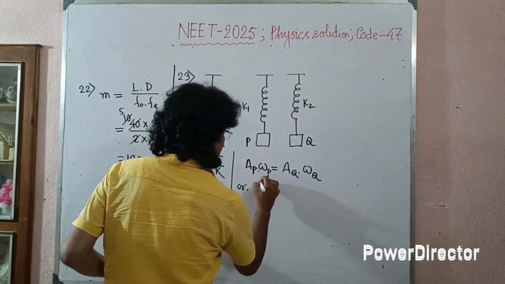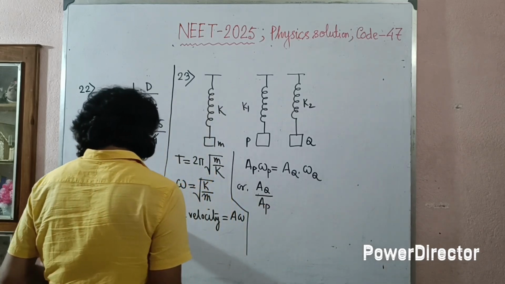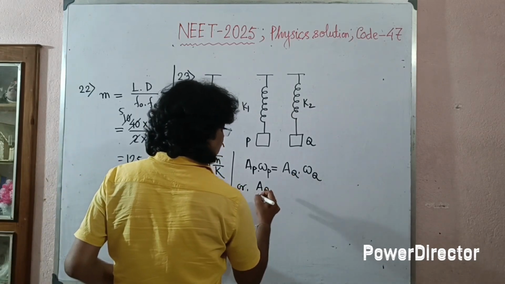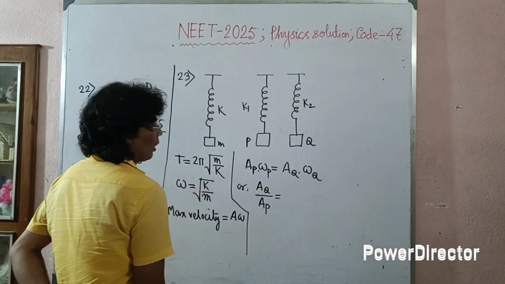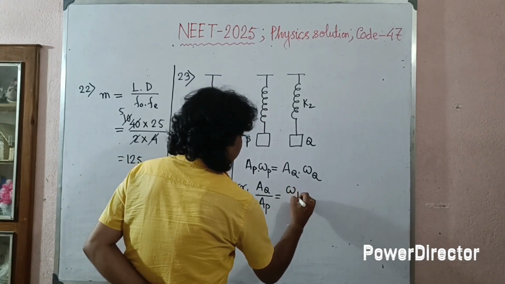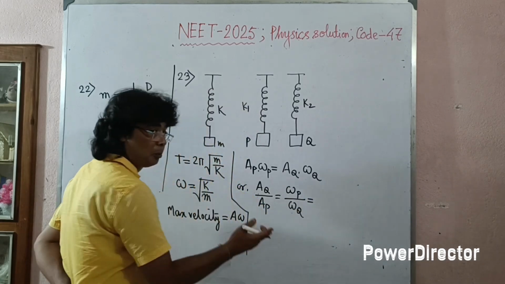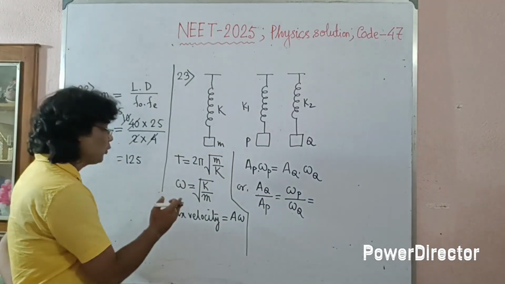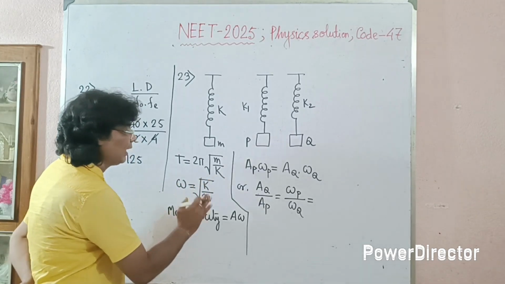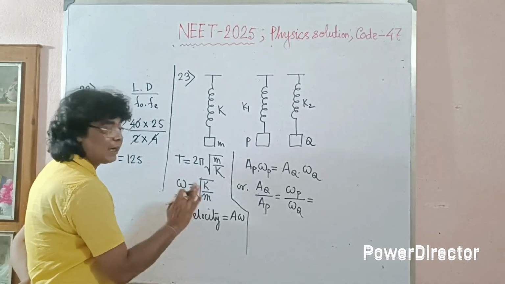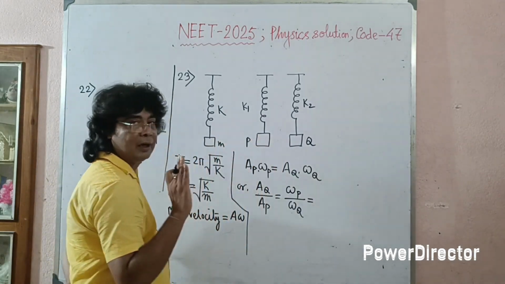That means AQ by AP equal to omega P by omega Q. Now see, what is the equation of omega? Omega equal to root over K by M. And in both the cases, mass of P and Q are same.